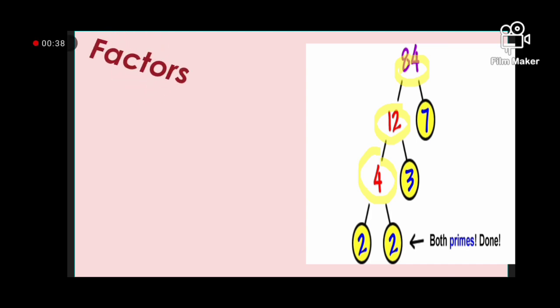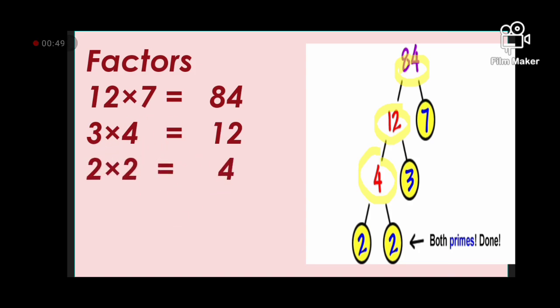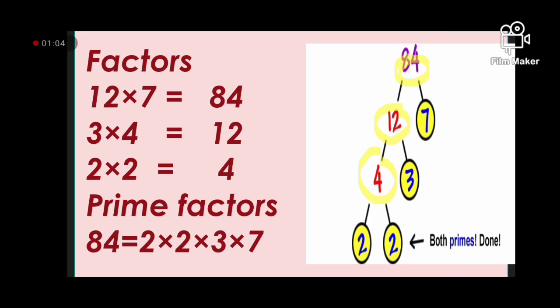So the factors of 84 are 12 multiplied by 7, then 12 splits into 3 multiplied by 4, then 4 splits into 2 multiplied by 2. So the prime factors of 84 are 7, 3, 2 and 2. So the prime factors of 84 are 2 multiplied by 2 multiplied by 3 multiplied by 7.